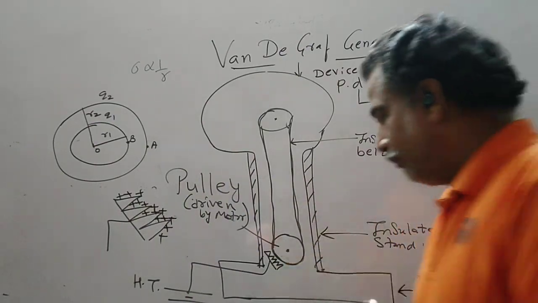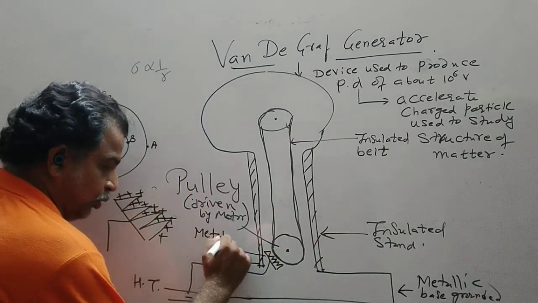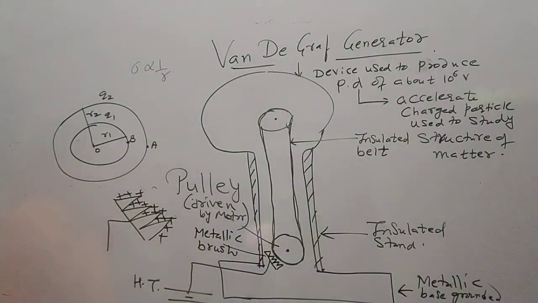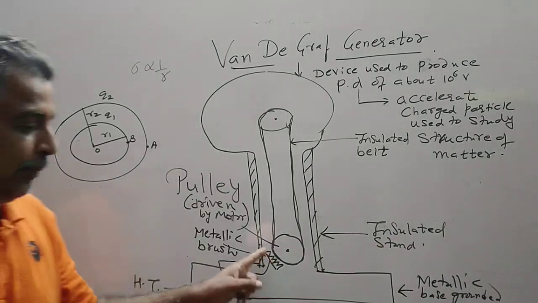There is a small gap. So this is a metallic brush. You call it a metallic brush or a metallic comb. It will spray the charge on the belt.